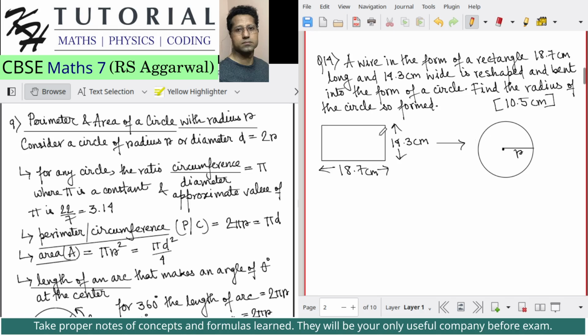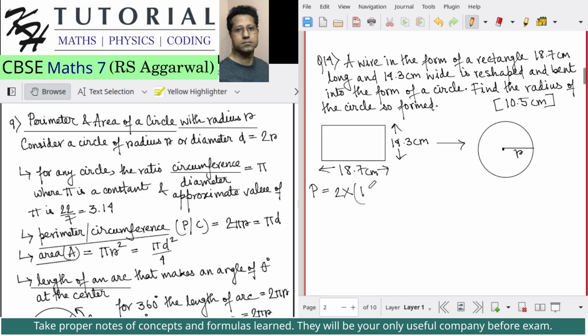So when the wire which was in the shape of a rectangle was rebent into a shape of a circle, then the circumference of the circle will be equal to the length of the wire, which is equal to the perimeter of the rectangle. So the circumference of the circle will be equal to the perimeter of the rectangle. Okay. So for the rectangle, the perimeter is equal to, we know, 2 into length plus breadth.